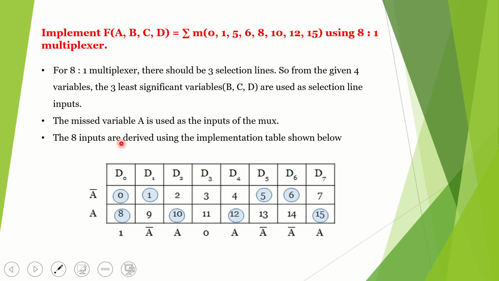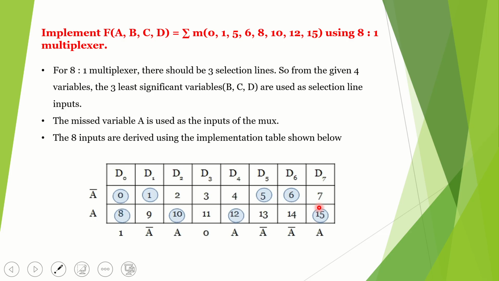For the 8 inputs, the implementation table looks like this. For a 4 variable function, how many combinations do we have? 2 power 4 is equal to 16 combinations, from 0 to 15.